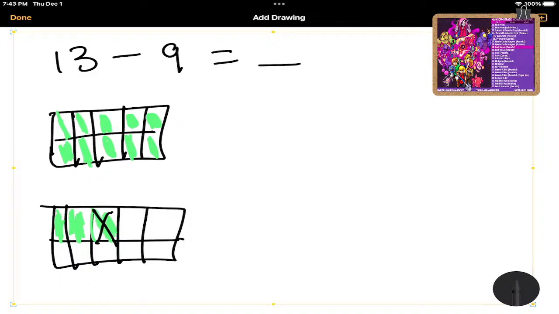1, 2, 3, 4, 5, 6, 7, 8, 9. What are the equations now?